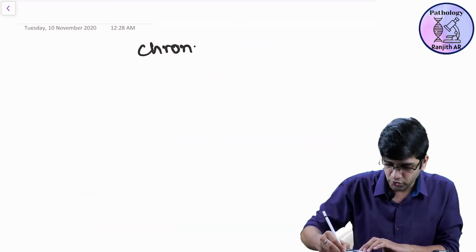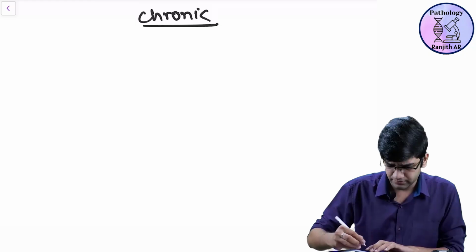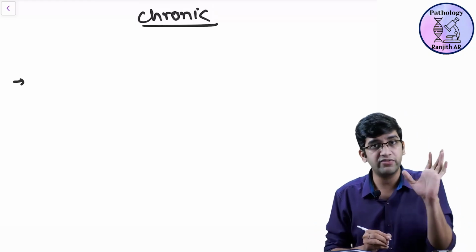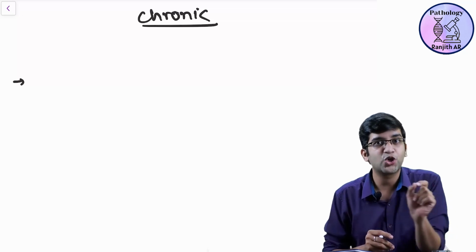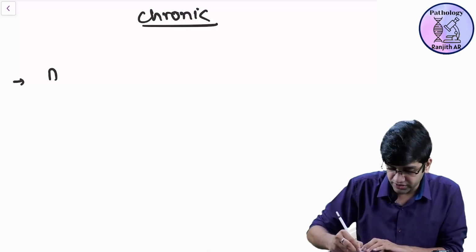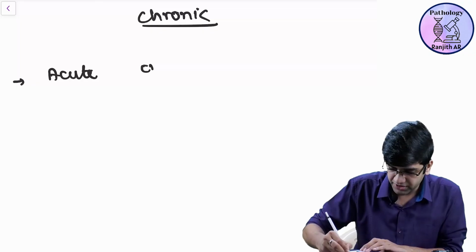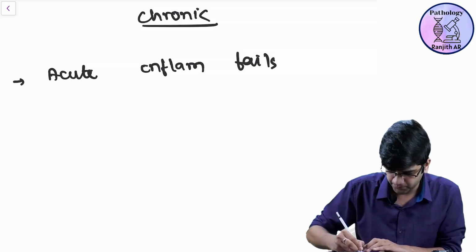The first and foremost question is, when does it happen? When an acute inflammation fails, chronic inflammation happens. We saw in one of the diseases, chronic granulomatous disease. When due to any cause, not just disease, acute inflammation fails, I'm going to have chronic inflammation.